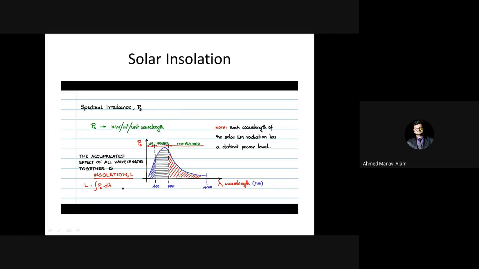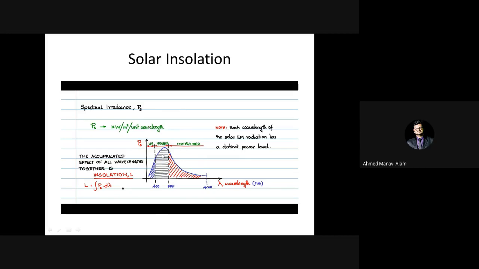We don't see UV and infrared, we only see the visible rays, which are in the range of 400 to 700. So this is a graph for the spectral irradiance, and if you see the unit, you will get that this power is for unit wavelength and unit area. Now you don't want the power for unit wavelength, you want the power for the whole region.